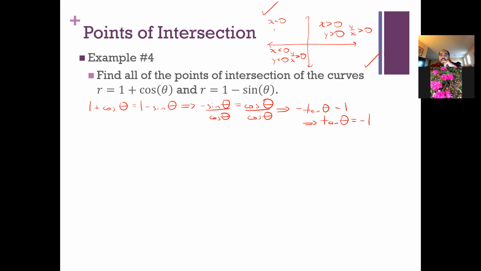In quadrant 2, x is negative and y is positive. And then in quadrant 4, the opposite is true: x is positive, y is negative. So my angles are going to be 3 pi over 4 and 7 pi over 4. Any questions on how I got that?